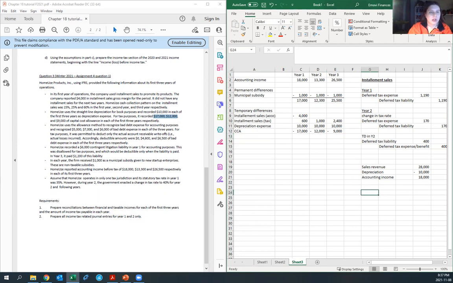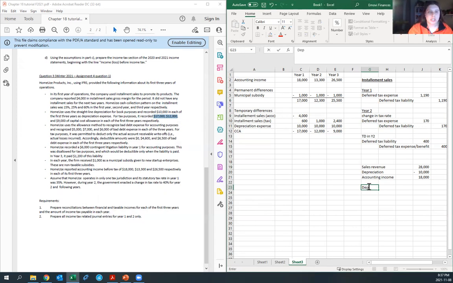So for the transactions, right now all I'm recording is the deferred tax accounts. I'm not calculating the current amount of taxes I'm going to pay. That's going to be at the end.